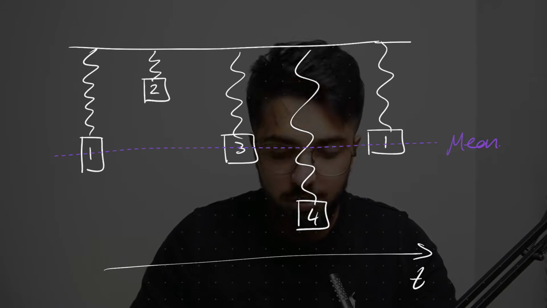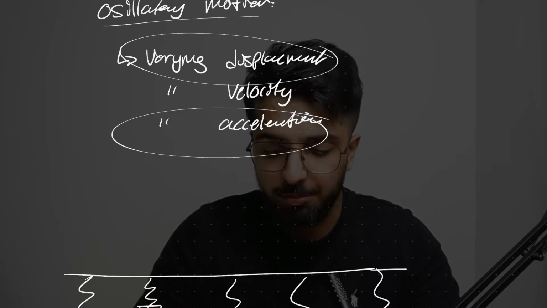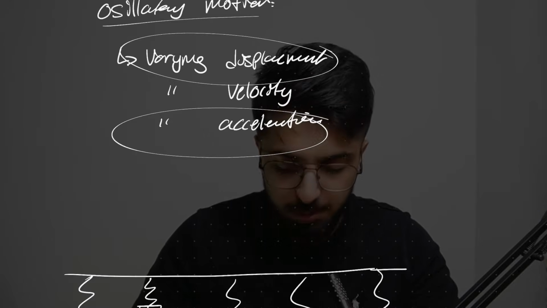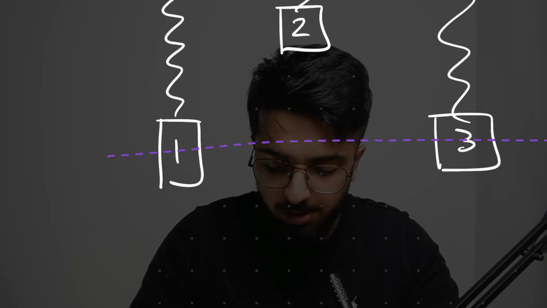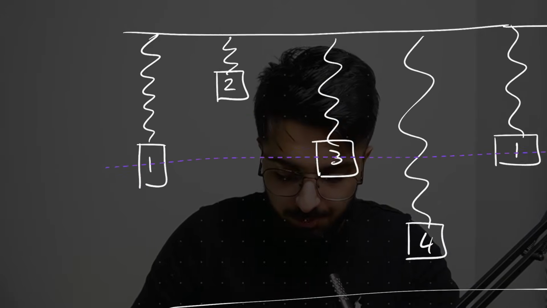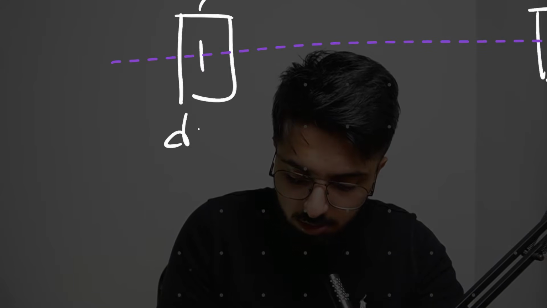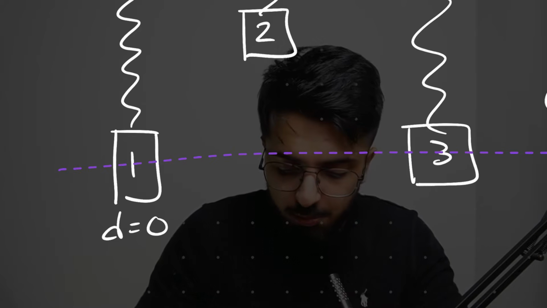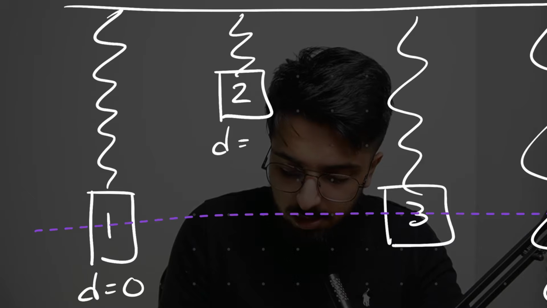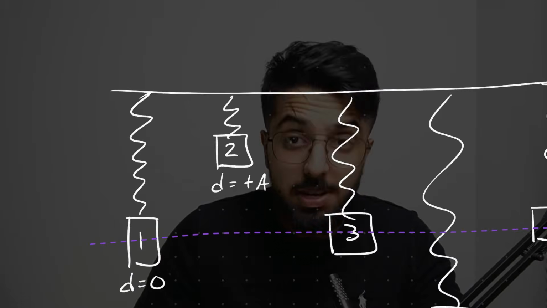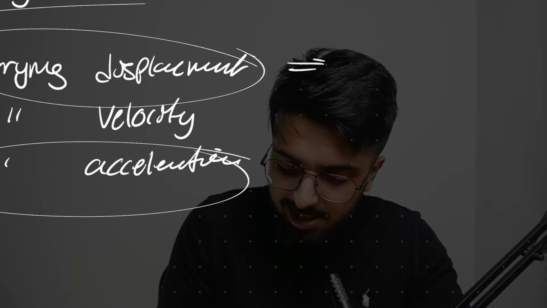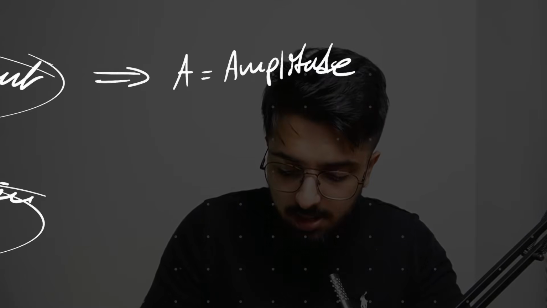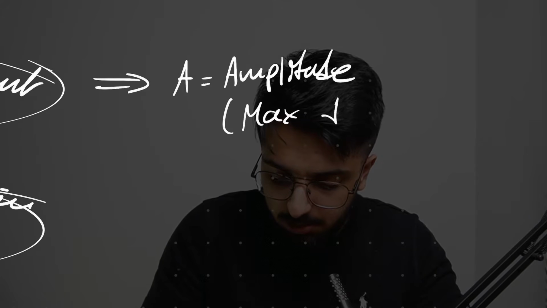And so what I'm going to do is write some different values for these varying quantities. Let's start off with displacement. As you can see here at point number 1, we are starting at the mean position, and therefore our displacement is going to be 0. Then as this mass moves upwards to point number 2, the displacement is positive A. What I mean by A is the amplitude, and amplitude is another word for max displacement.